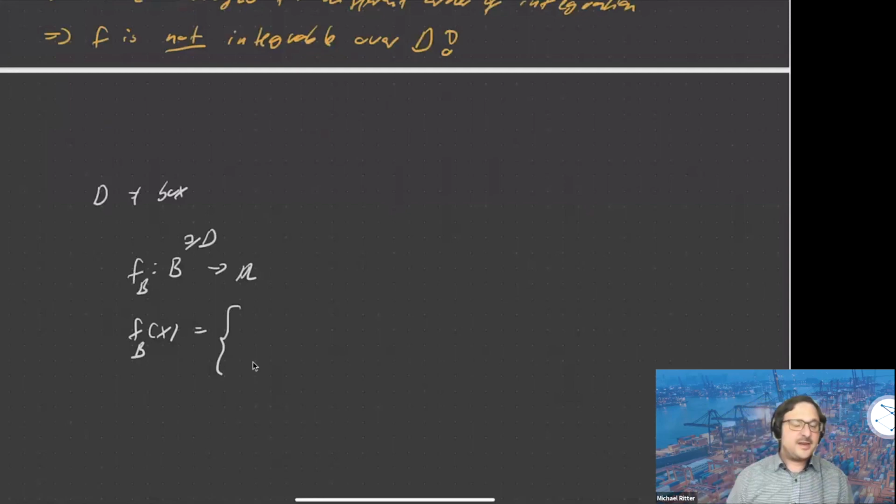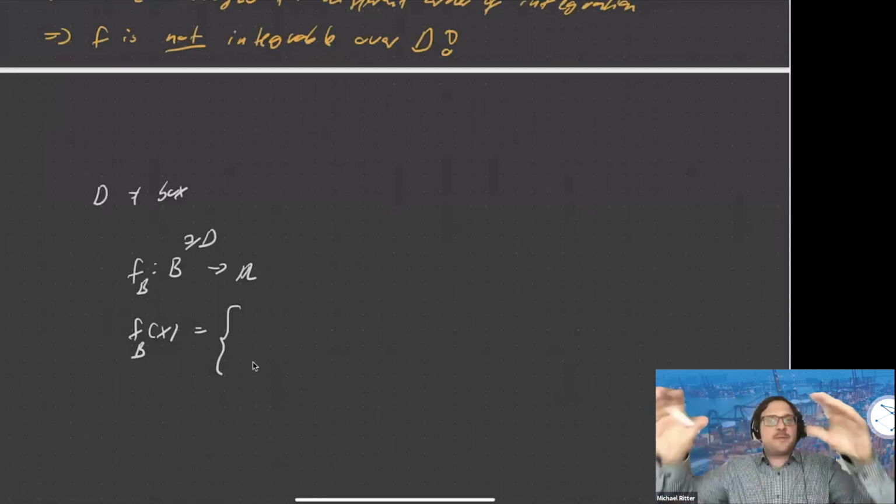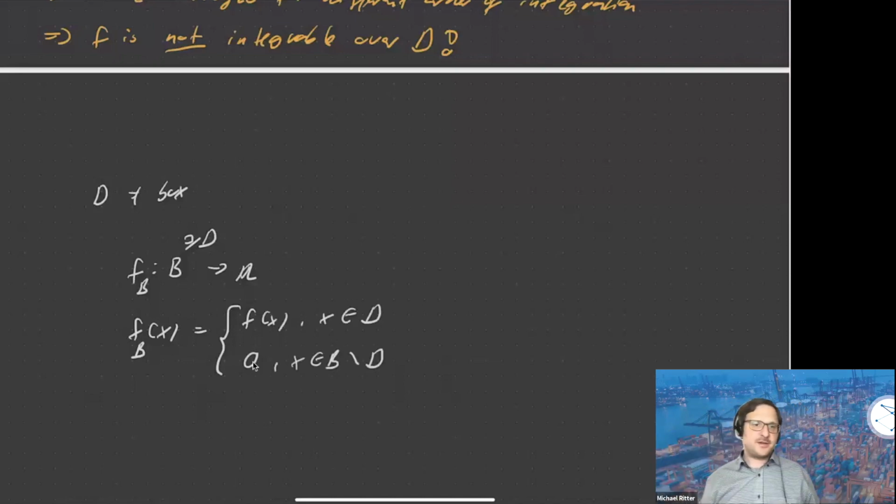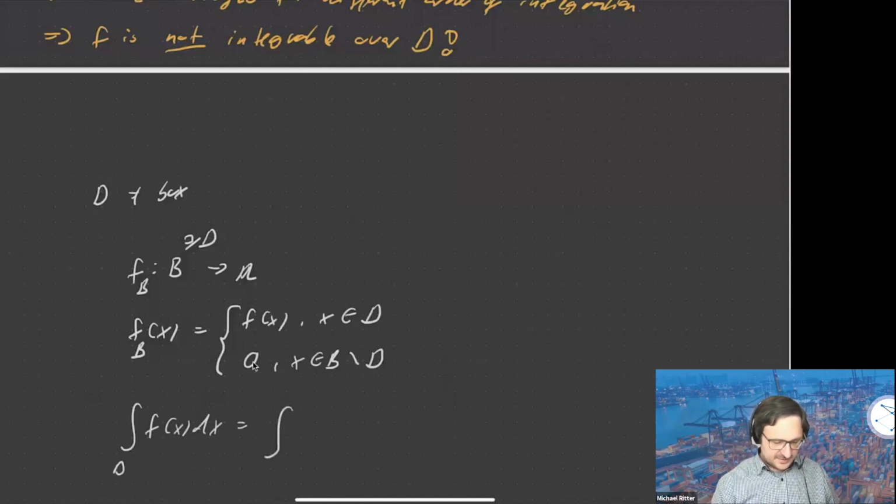So basically I'm extending the original function f from D to some enclosing box by saying I just take the function value f of x if x is actually in D. So where the function is defined, I just take that value. And everywhere else, I just put a 0. So if x is somewhere in the enclosing box, but not in the original domain, I just make that function 0. And then I define the integral over D, f of x dx, as the integral over that box B of fb of x dx.